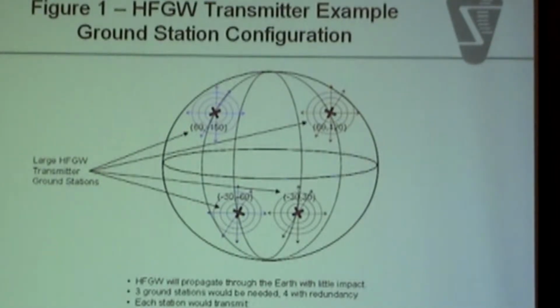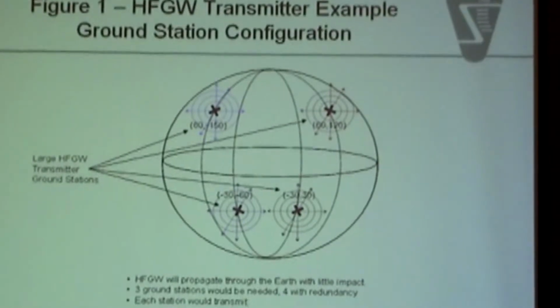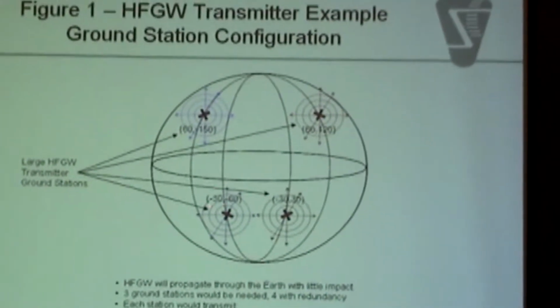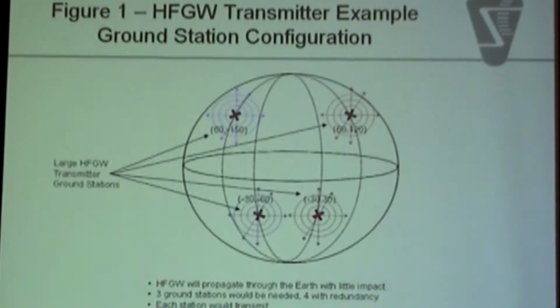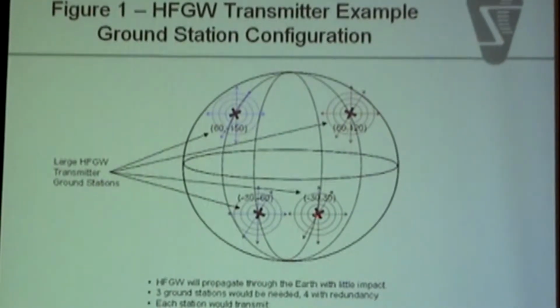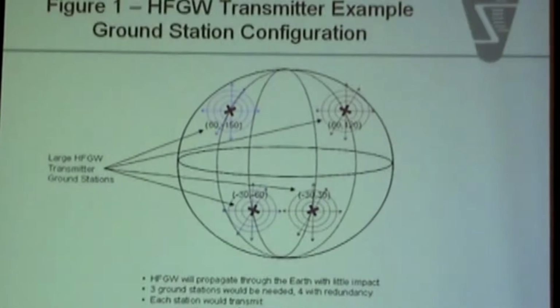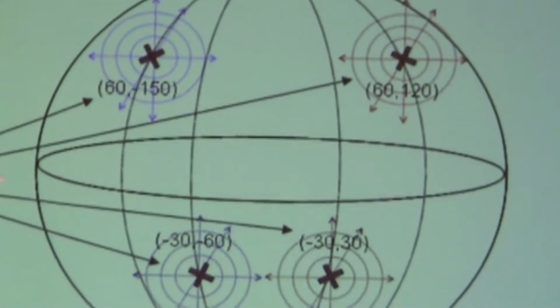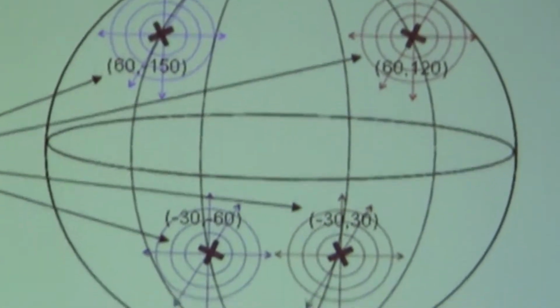So this is a schematic representation of a frequency time standard arrangement. We would envision a number of extremely large gravitational wave generation stations that would create signal strength that you could pick up with remote terminals.